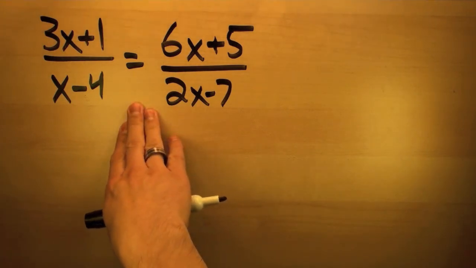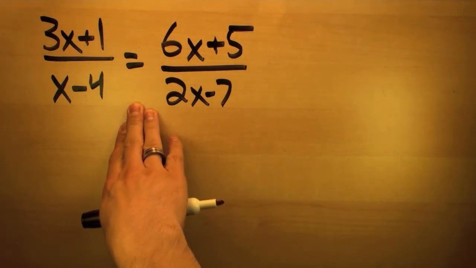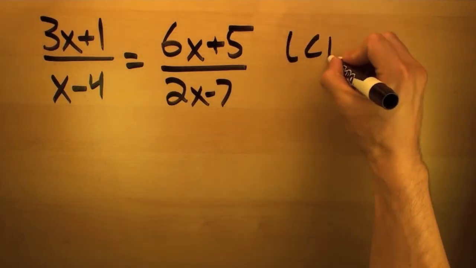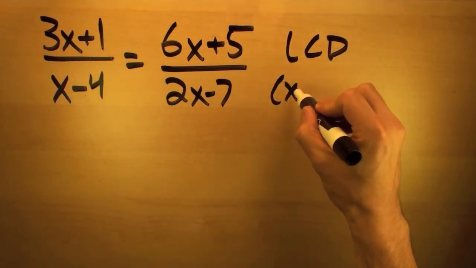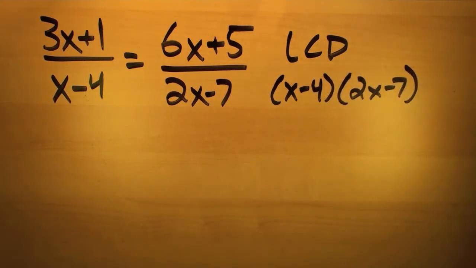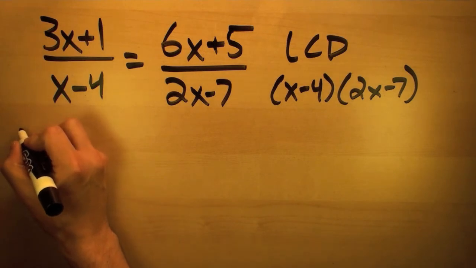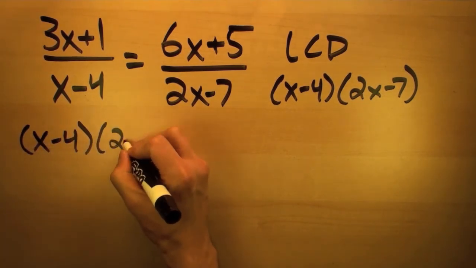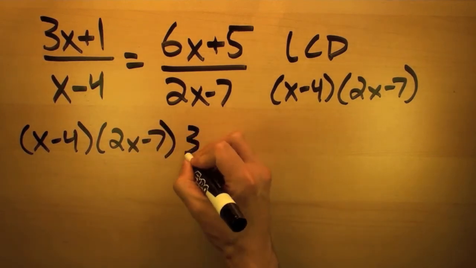So if we wish to solve this rational equation, we start by multiplying both sides of the equation by the least common denominator, which in this case is x minus 4 times 2x minus 7. We multiply on both sides by x minus 4 times 2x minus 7.